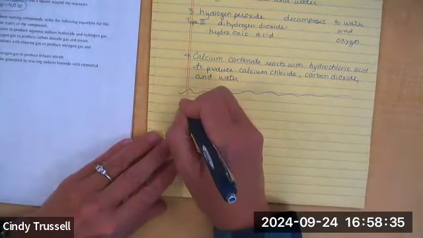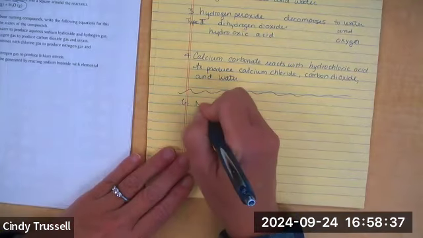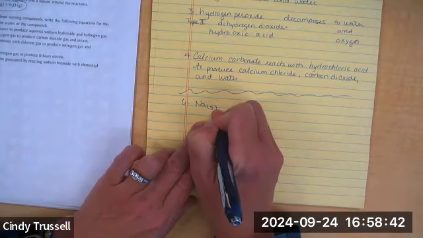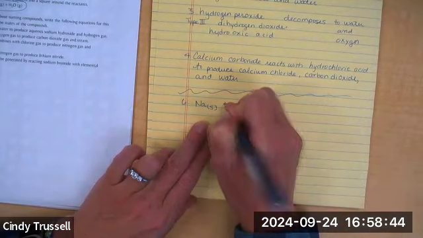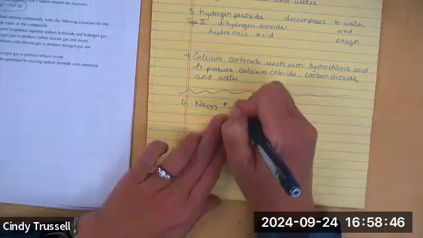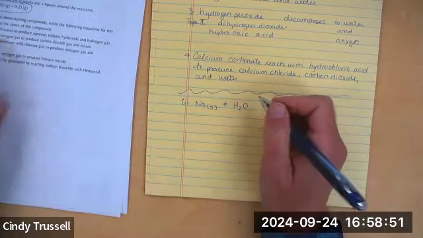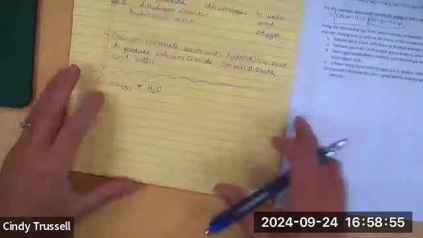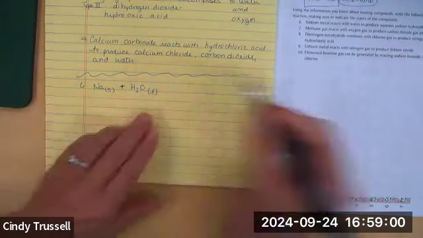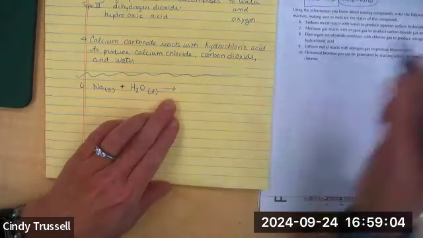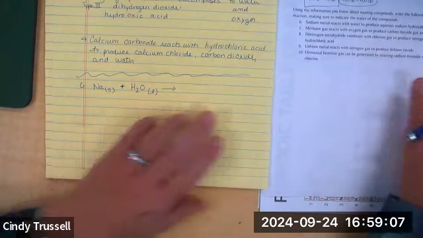All right, so for number 6, we're going to say sodium, and it says it's metal, so it's in its solid state. Reacts with, so we're going to do a plus for the reacts with water, which is H2O. And since it's called water and not steam or ice, then we know it is in its liquid form. So I'm going to do an L for liquid. And it's going to produce, so that's my arrow, aqueous sodium hydroxide.